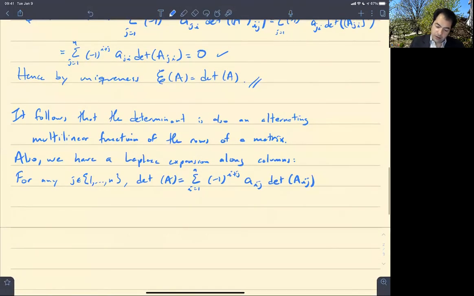Right, so this is indeed what we ended up with right here. Of course, here we then used that these were 0, but in general they won't be 0, and they give you a formula for the determinant. Okay, so we have Laplace expansion along rows. We also have Laplace expansion along columns.